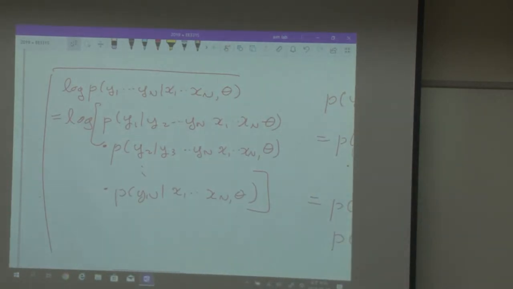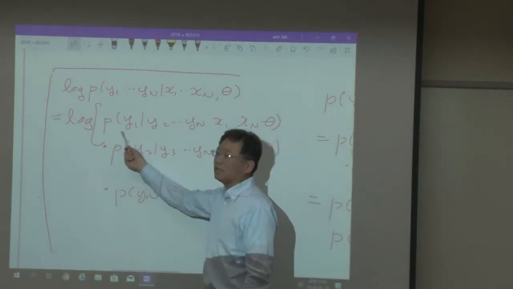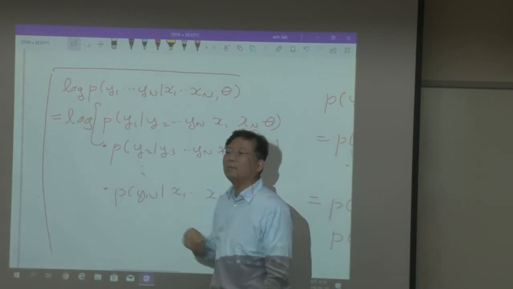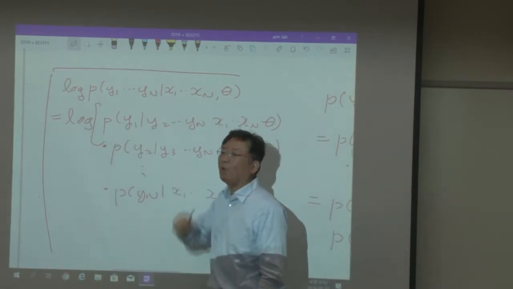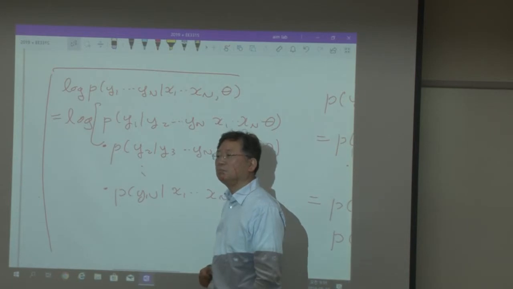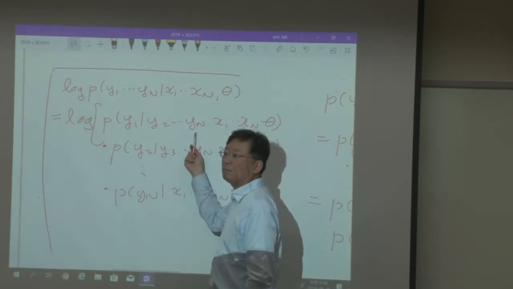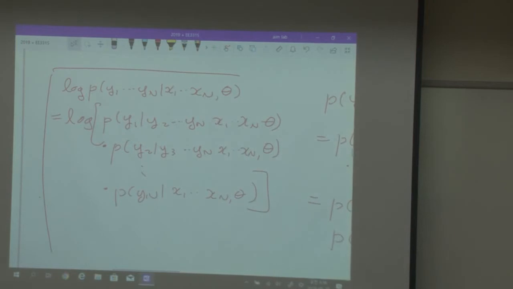Now, this thing can be reduced. Conditional probability of y1. Is that dependent on y2 or yn? No. I could throw away all of that.